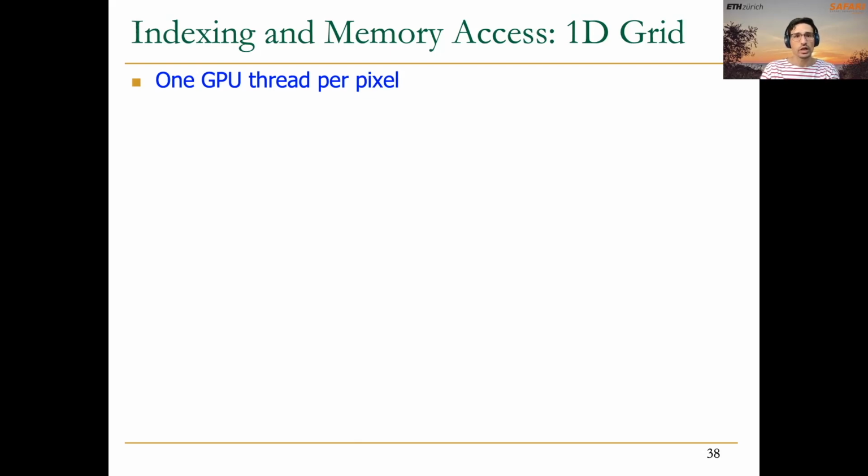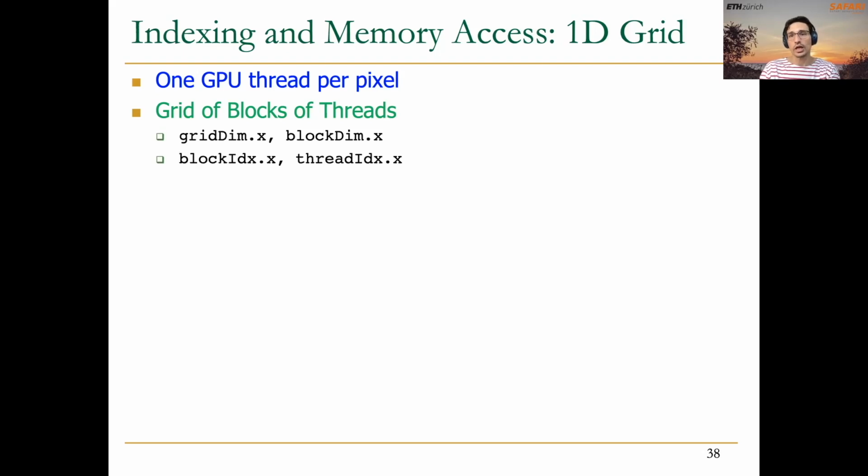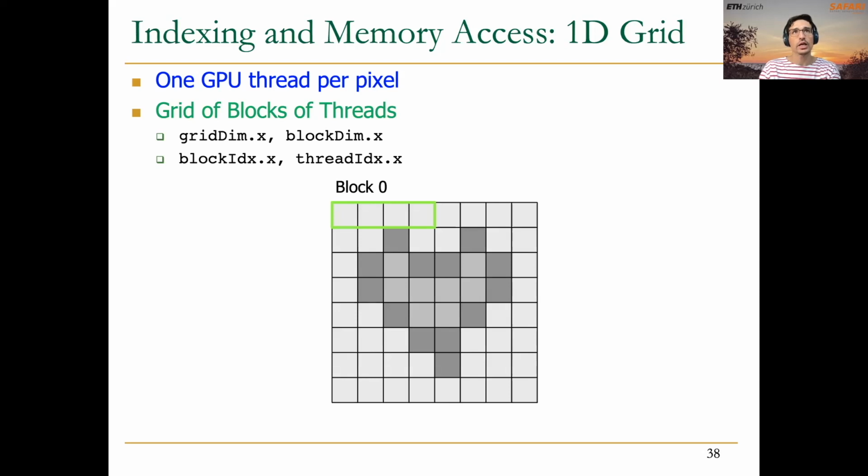So, the way that we distribute the computation for this image across the different threads that belong to blocks, which belong to a single grid, is that we would need to use the identifier of the block, the dimensions of the block, and the identifier of the thread inside the block, as we have seen before. We can distribute the computation in this image in this way.